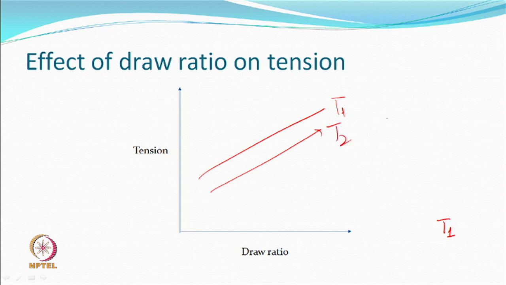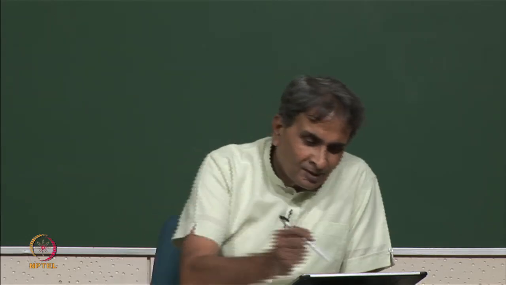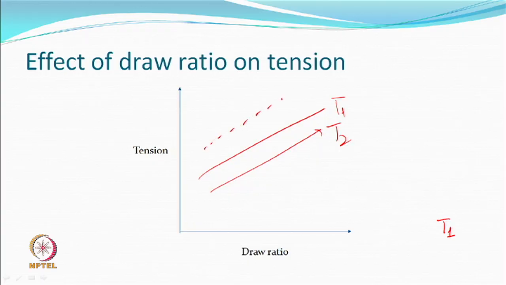The question is whether the T2 will be below T1 or above T1. So, T2 will increase, T1 will increase, but whether it will be below T1 or above T1. Above. All right. So, we put above also, T2 star. So, some people are saying above, some people are saying below.